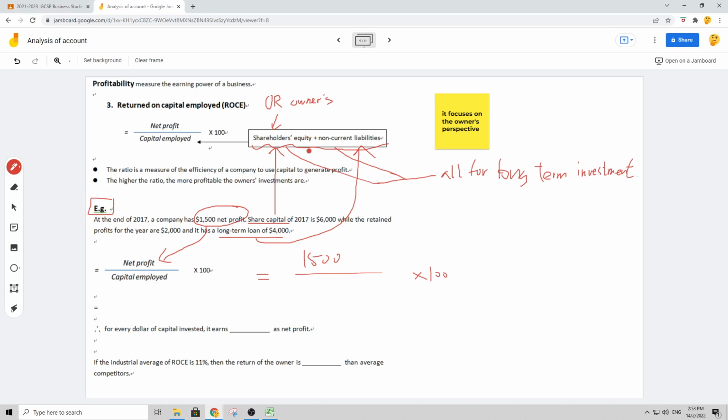And if you think about the retained profits as well, this is the amount of money that eventually will go back to the shareholders or the owners, and then they will use that money for reinvestment. So if you know about this already, then this one here is also our owner's equity.